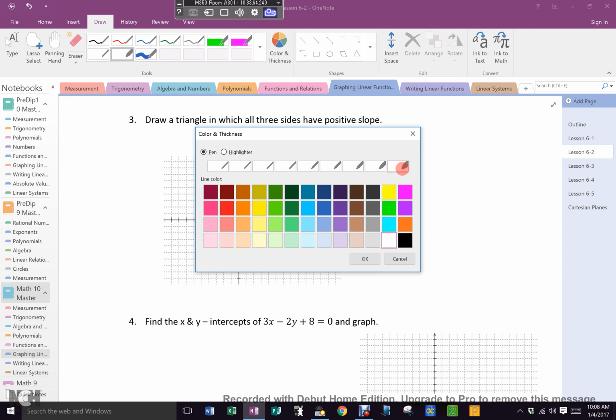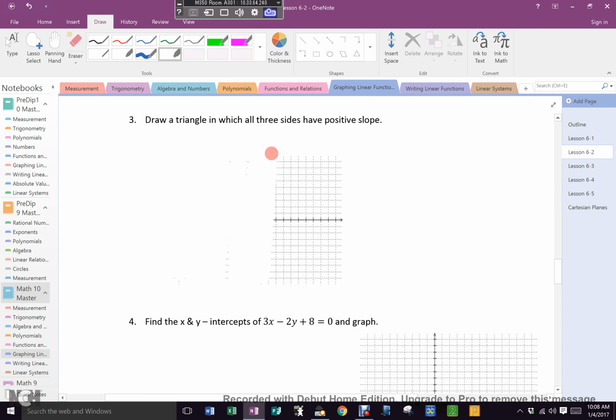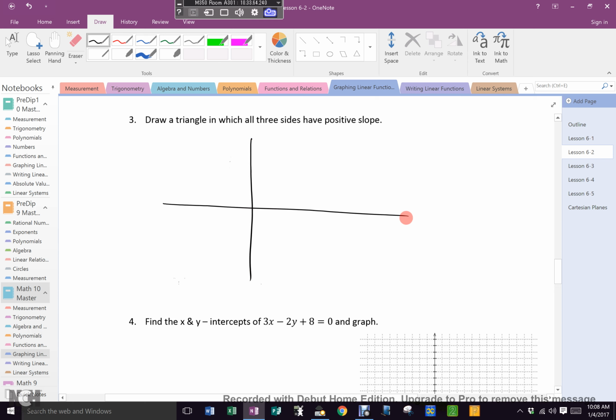You don't need a graph. If there's a graph there, it's too easy. That must have been for my summer school kids that I made this. So make a graph. If it's got a positive slope, what's it going to look like? Which way does it have to lean?